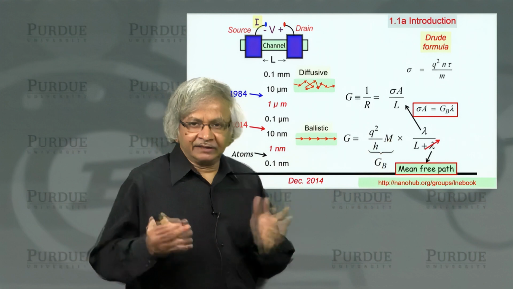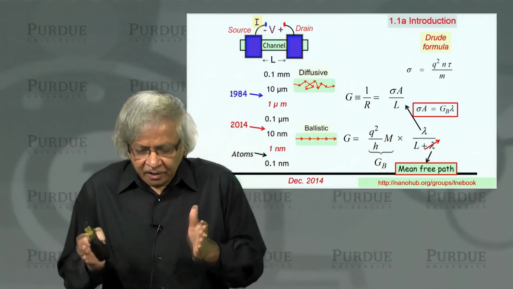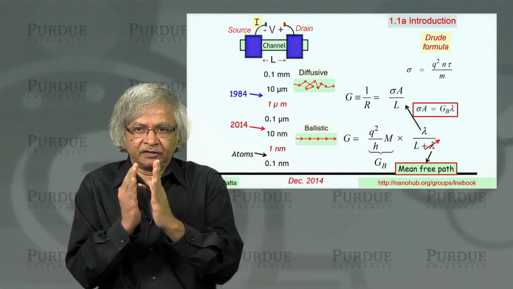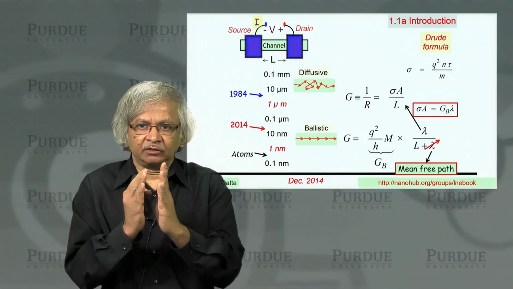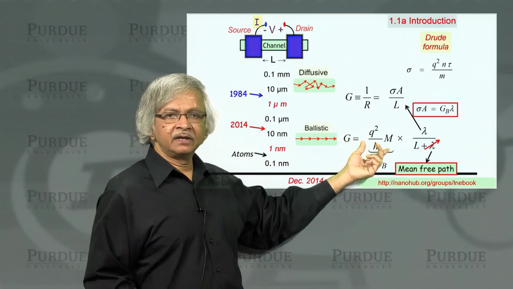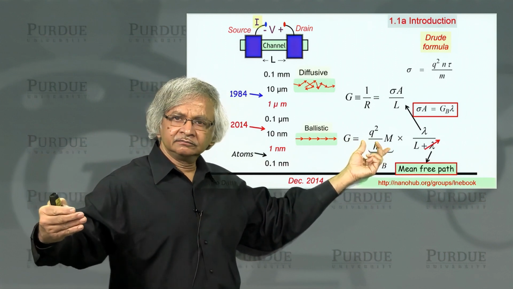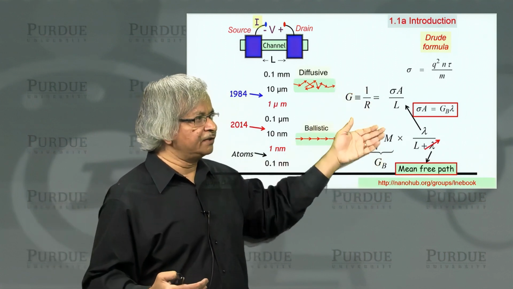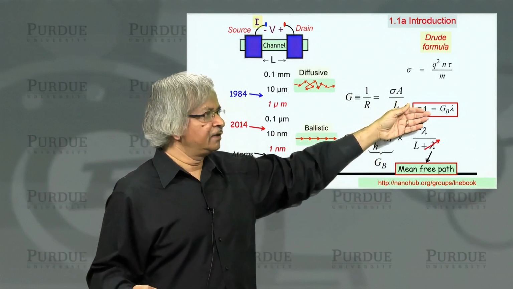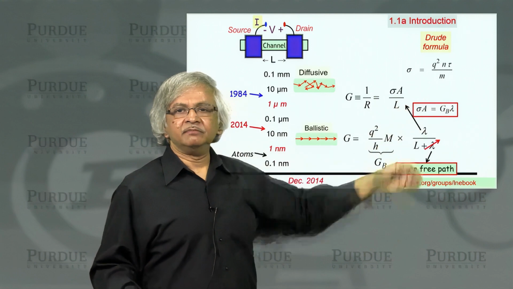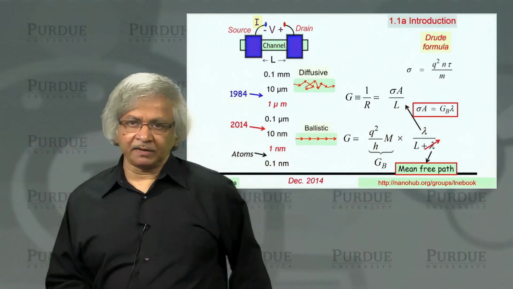And then you say, well, that's the conductance you would measure if you had a real short section of that material, like a real short copper wire or real short silicon wire. This is what you would measure. But then when you make it longer, then you would have the usual behavior described by conductivity. And what is that conductivity? Well, it's the ballistic conductance times the mean free path. So that's this new perspective.